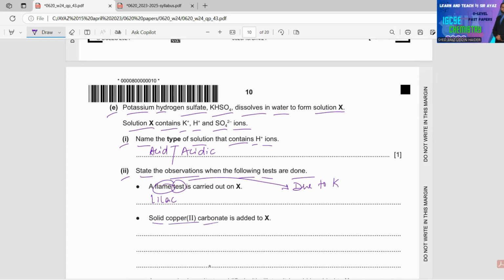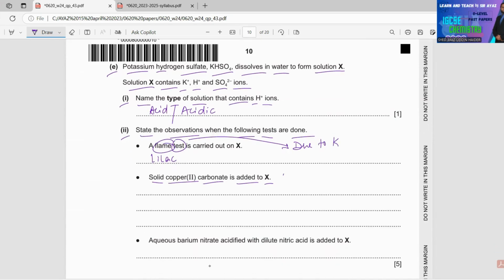Solid copper(II) carbonate is added to X. Now you are adding a metal carbonate to X. X contains H+ ions, so it must be the reaction between acid and metal carbonate. You have to write all the observations whenever acid reacts with metal carbonate.